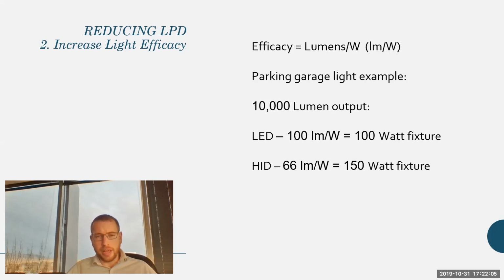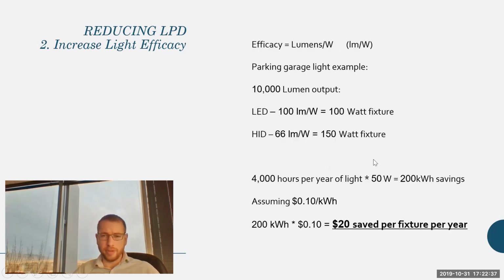You could use an LED, which has an efficacy of 100 lumens per watt. So you're getting 10,000 lumens out of both of these bulbs. The LED is going to draw 100 watts. A high intensity discharge, maybe one of those high pressure sodium lights, has a lower efficacy of 66 lumens per watt. So for the same 10,000 lumens, you are using 150 watts.